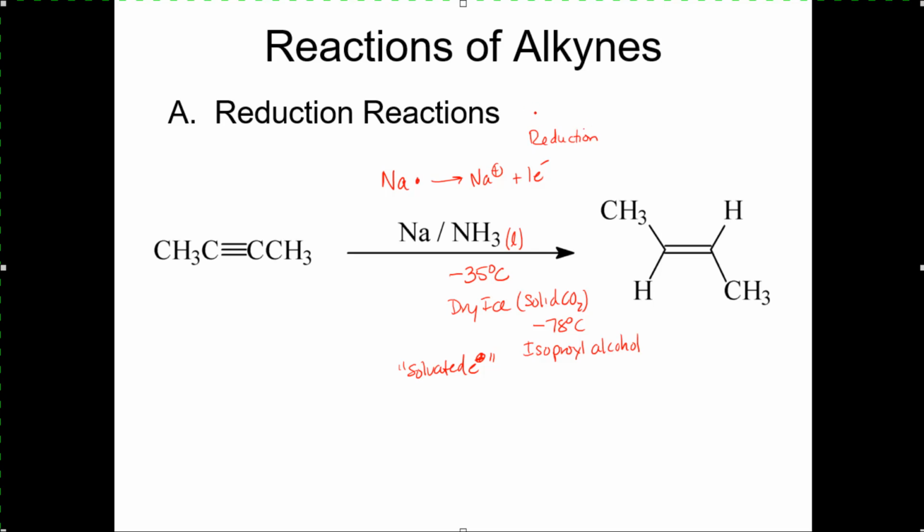Because remember, reduction is gain of electrons. So if you have a naked electron, which is essentially what this is, that is the purest form of reduction. So the sodium metal loses its electron and forms what's called a solvated electron in the liquefied ammonia, and that's what causes the reaction to occur.